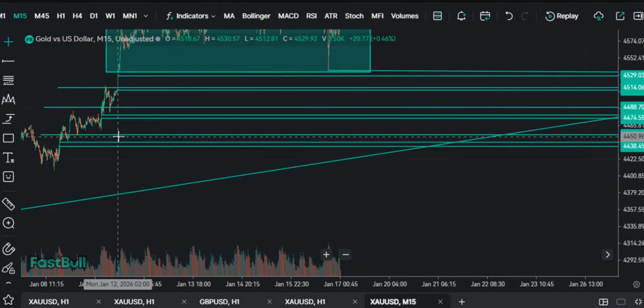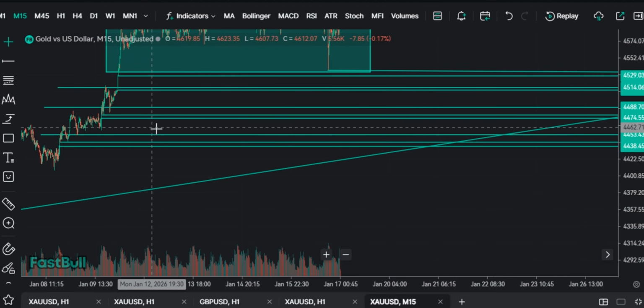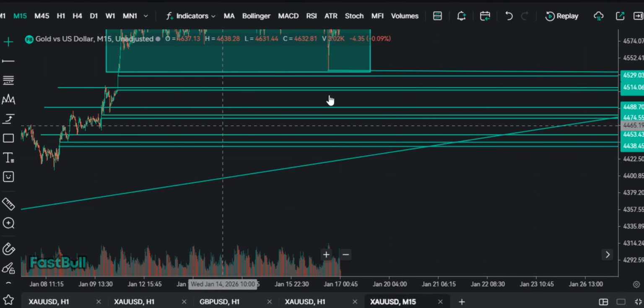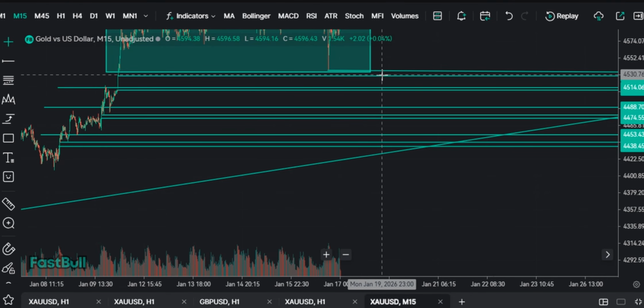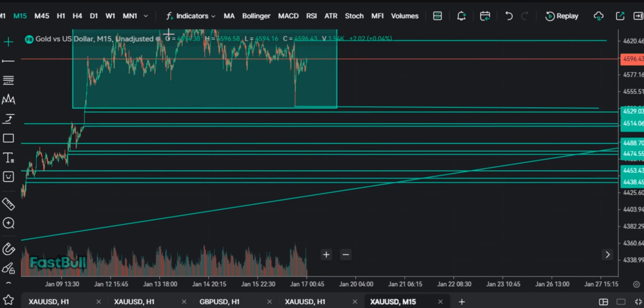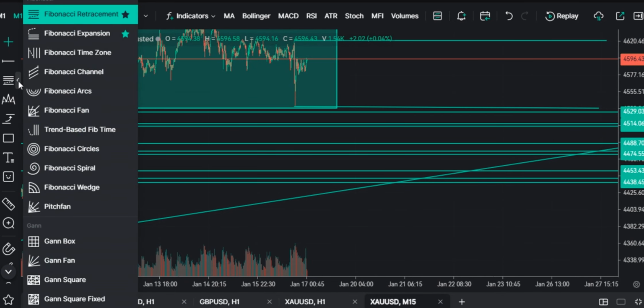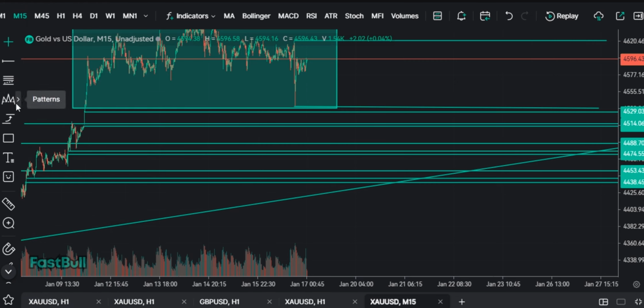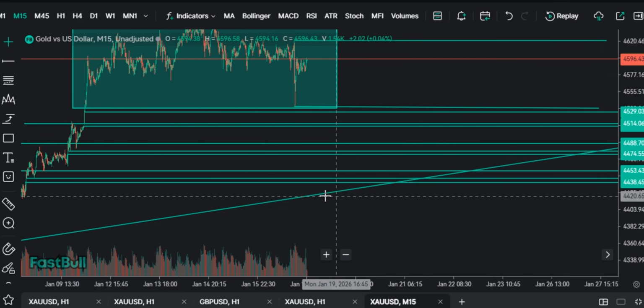So if the market comes to this particular zone here, and because it has actually mitigated, it has actually occupied these particular imbalances, it's very important to understand that, guys, you can consider buys on the discount area. Okay, because the premium area is actually in this zone, then the part of the Fibonacci, and the discount area is actually in this zone.